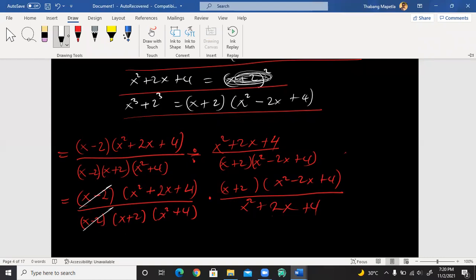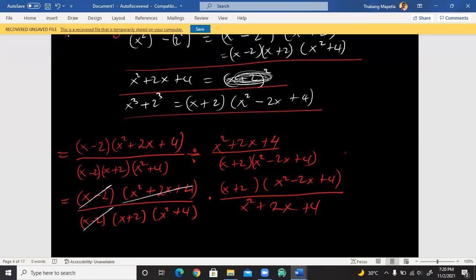This portion is the same as that portion, so they can divide each other. This portion here, 1. This portion there, 1. Yes, it's 1, right? And then we remain with this and that.